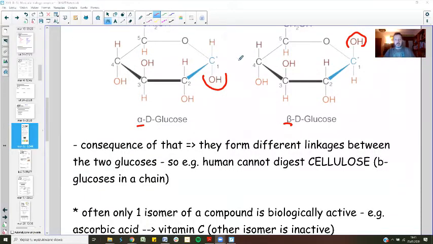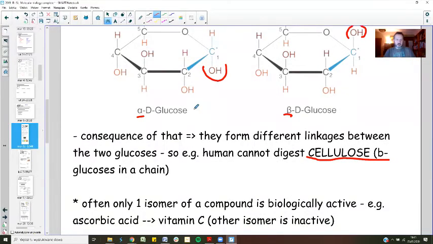And that's why cellulose, which is a polymer of beta glucoses, looks different than starch or glycogen, and cannot be recognized by salivary amylase or any amylase enzyme. So that's why cellulose is not digested by this enzyme.